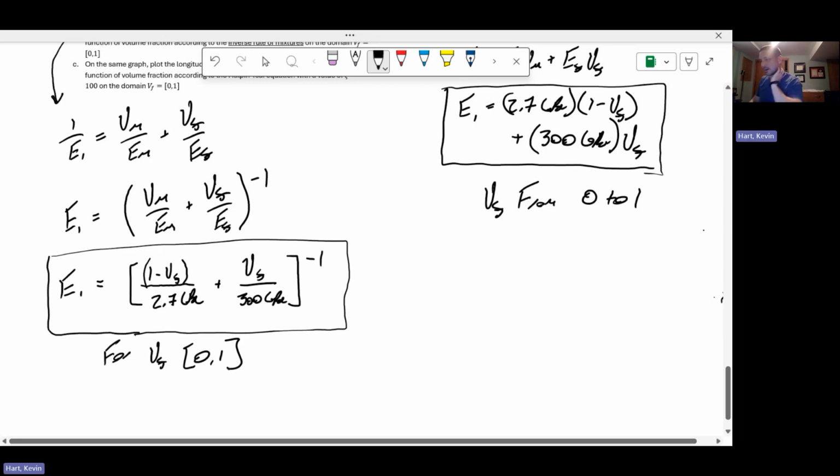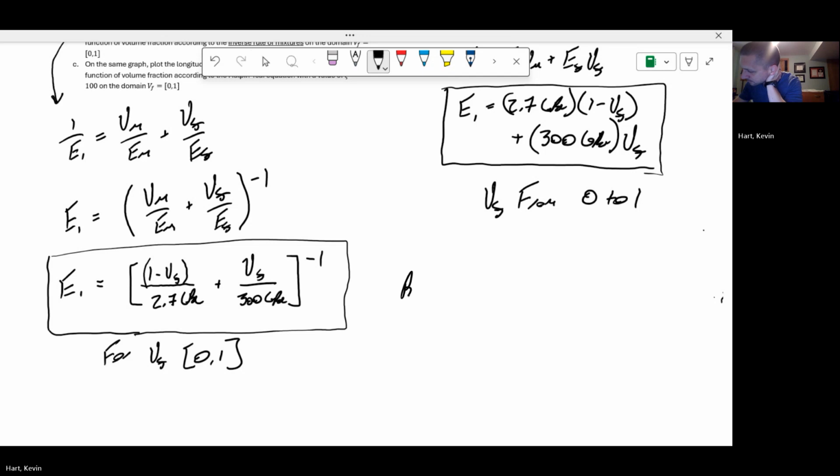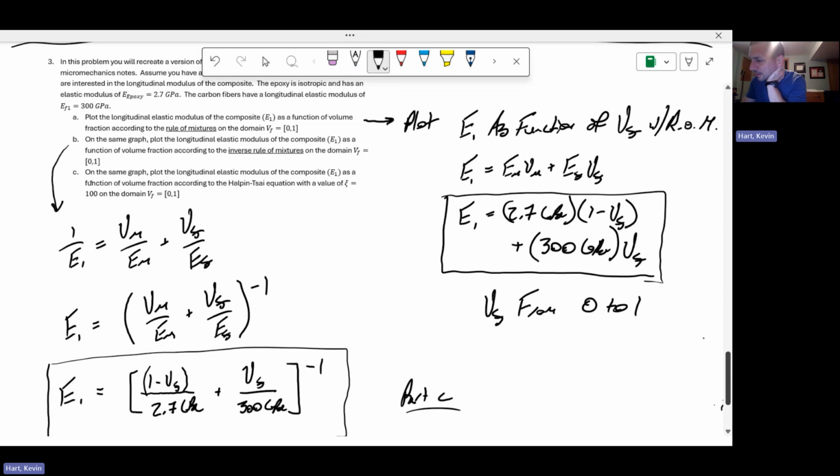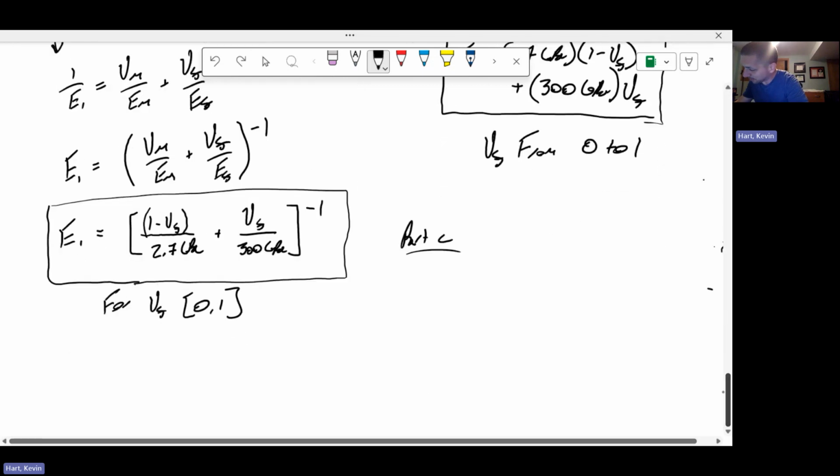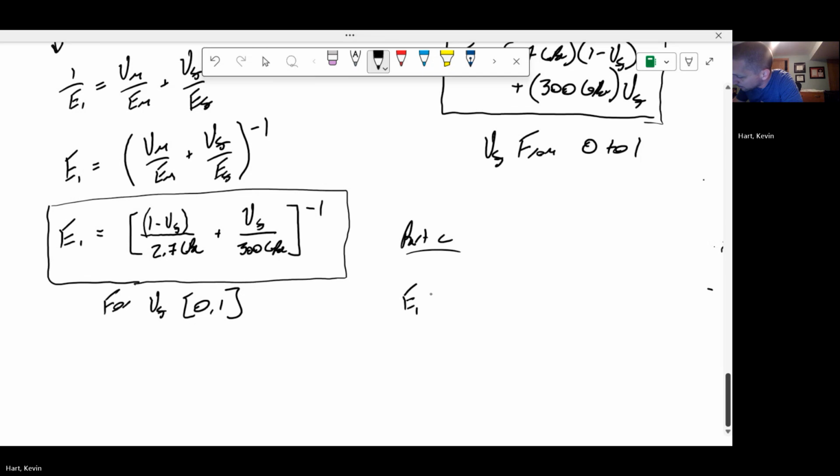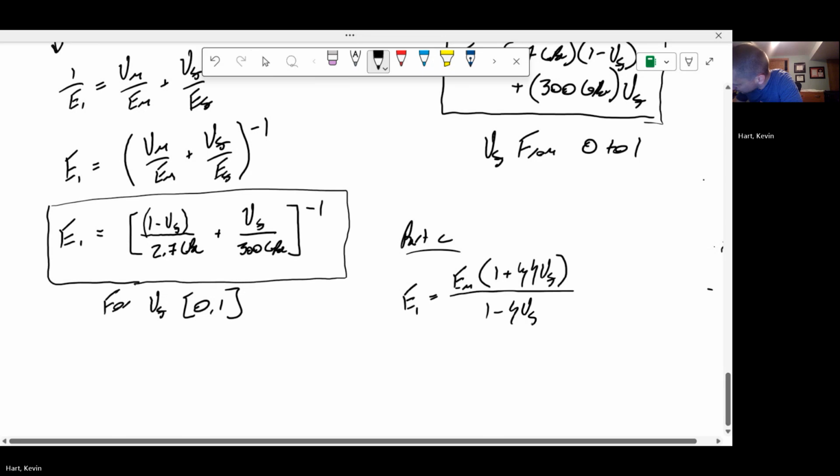In part C, you're also asked to plot on the same graph the longitudinal elastic modulus as a function of volume fraction according to Halpin-Tsai, a different type of equation, with a value of xi equal to 100. This is the equation that you would use.